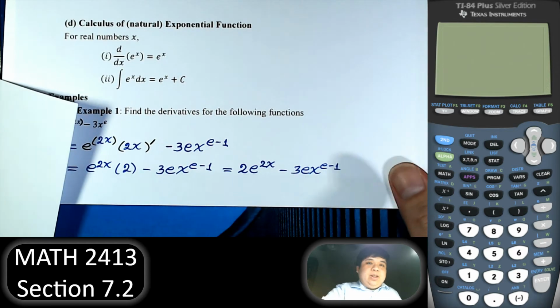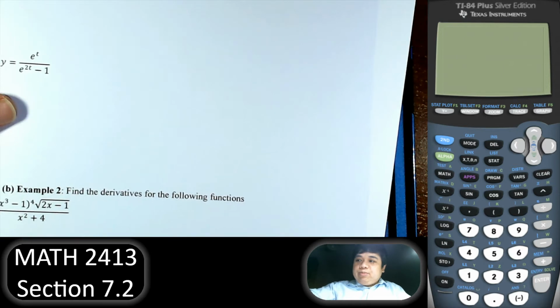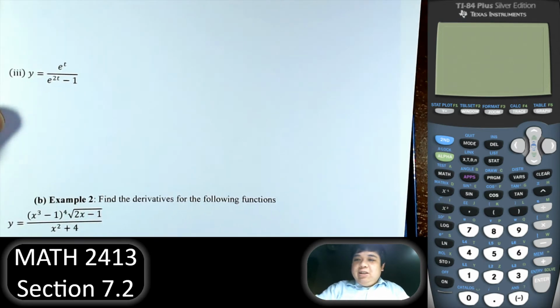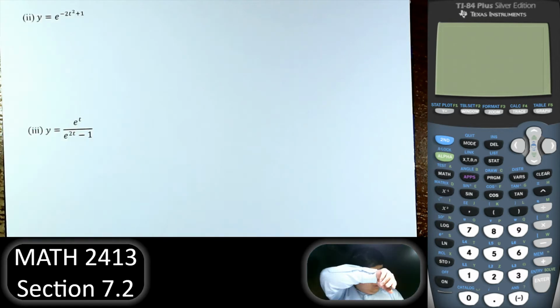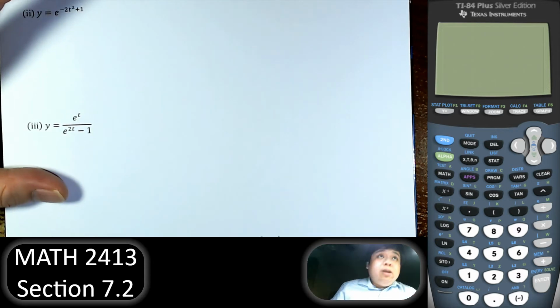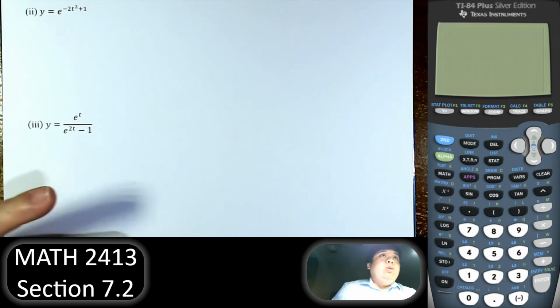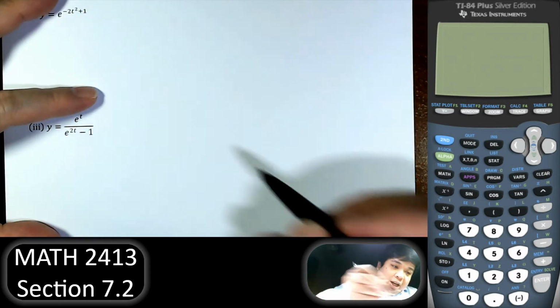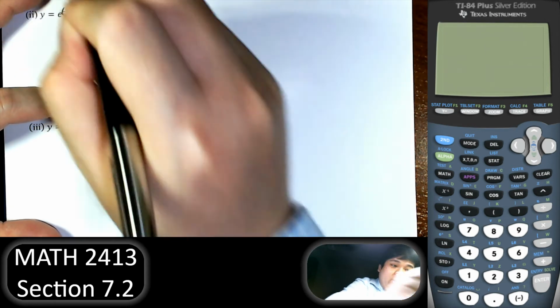Right. So exponential function is one of the easiest functions to differentiate. Right. Next, we have this. Once again, this is an exponential function, e raised to some power, so we just have that.